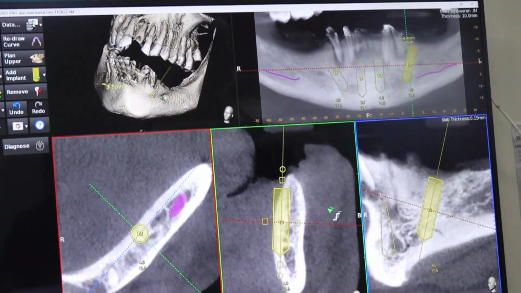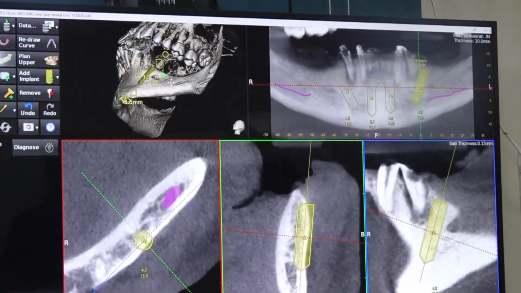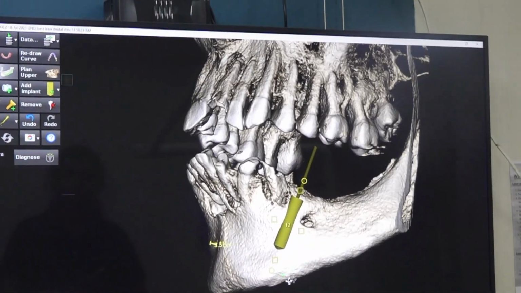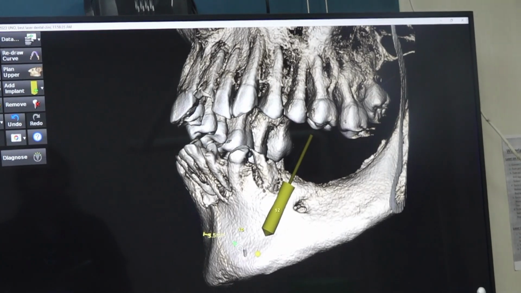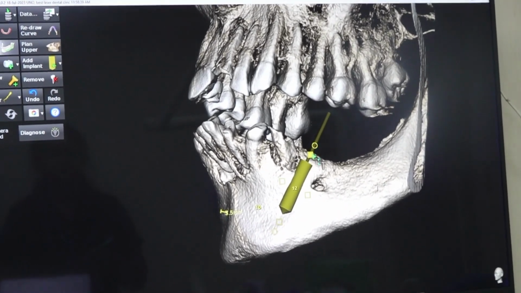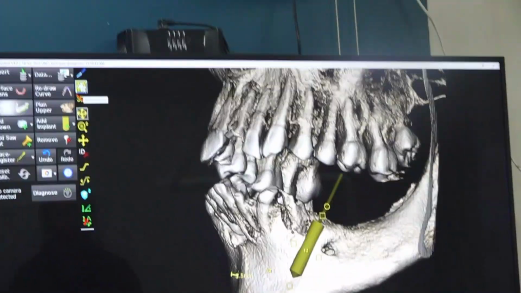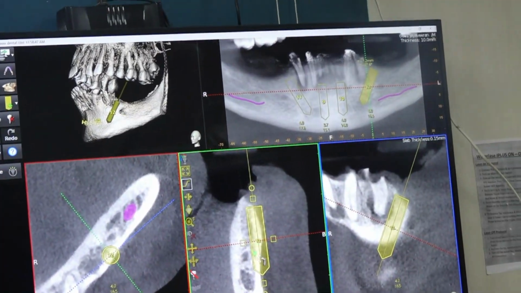I am bringing it buccally so that we understand how much close it is to the mental foramen. It is close. So we have to tilt it some more. Better to use a smaller diameter implant so that the closeness to the foramen can be managed.